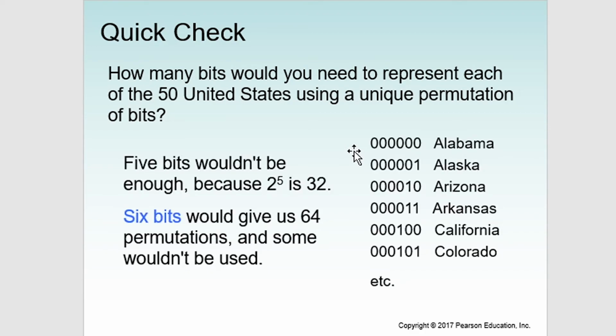So if we had 5 bits, we could only represent 32 items. But if we had 6 bits, we could represent 64 items. Since we have 50 states, if we wanted to digitize the states, we have to use 6 bits so that we can get all 50 fitted into the number of bits that we have. So we would need 6 bits so that we can represent 64 different permutations, and that's big enough to fit 50. But when we use 5, we only had 32.